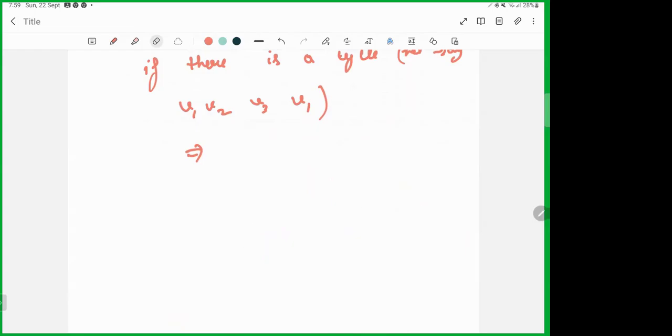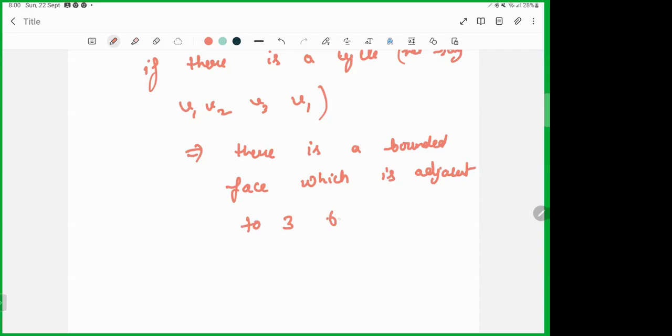So that means that there is a bounded face which is adjacent to three bounded faces.